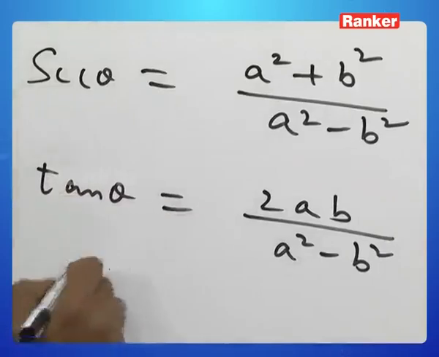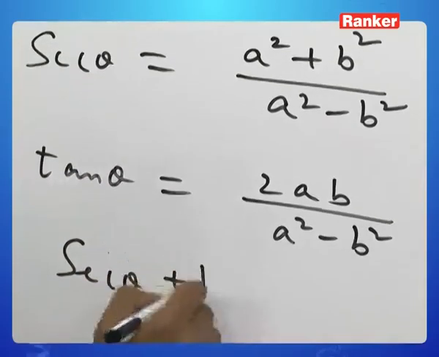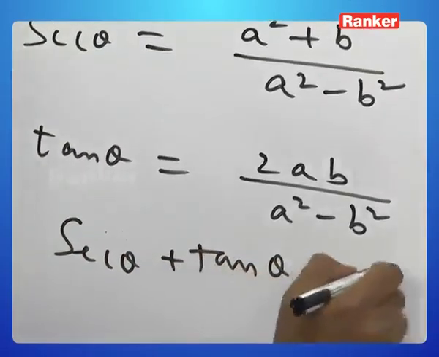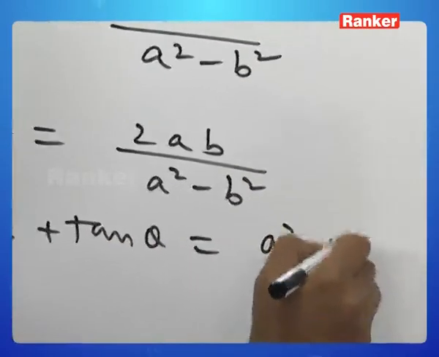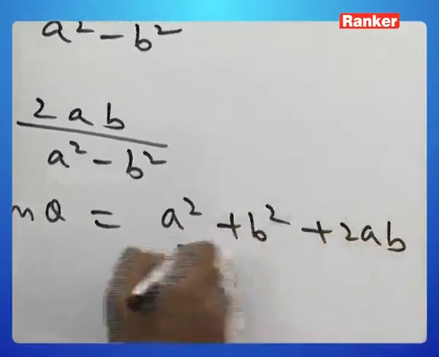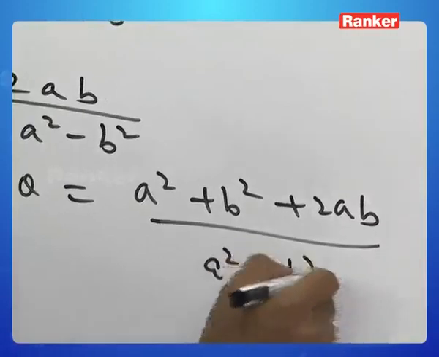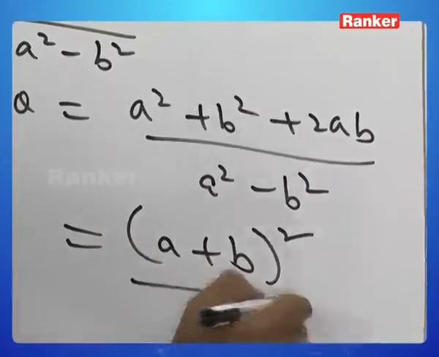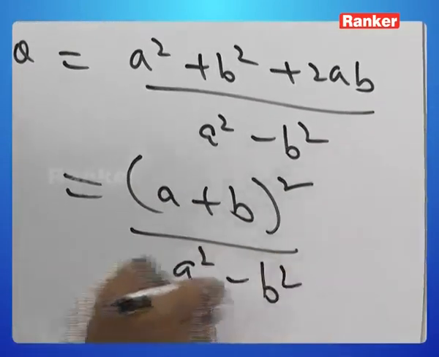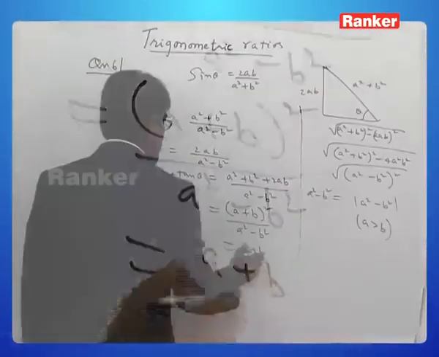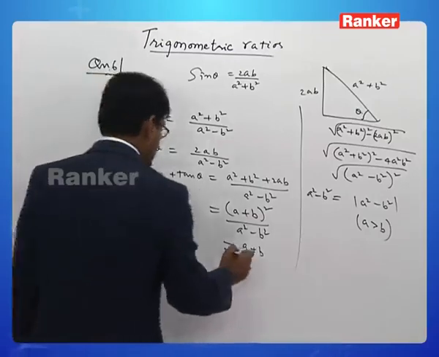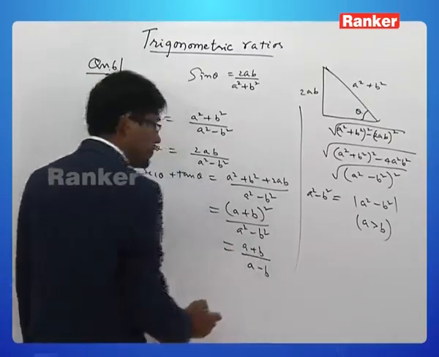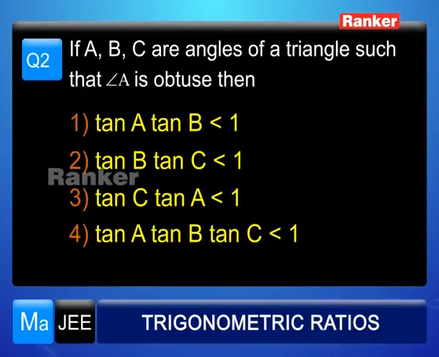So, when you add these two, secant theta plus tan theta gives us a square plus b square plus 2ab by a square minus b square, which we can write as a plus b the whole square by a square minus b square. That gives me a plus b by a minus b. So, option 2 is the right answer.